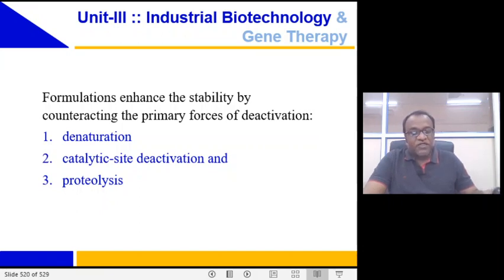So when you're trying to formulate, you should be very careful to see to it that catalytic site deactivation doesn't occur. So the best way to combat the active site inactivation is to ensure sufficient levels of any required cofactors, or to add reversible inhibitors, or to exclude any reactive or oxidizing species from the formulation.